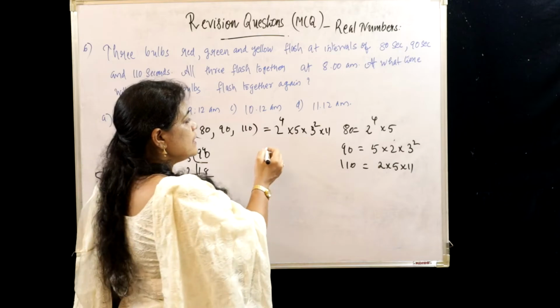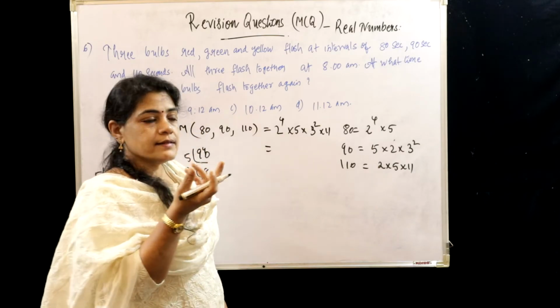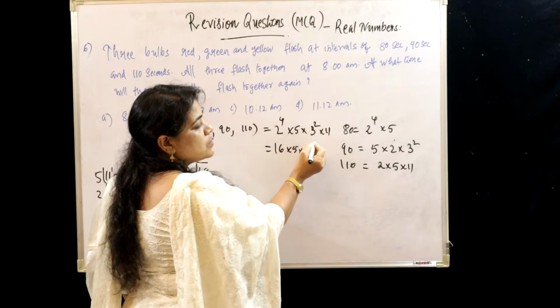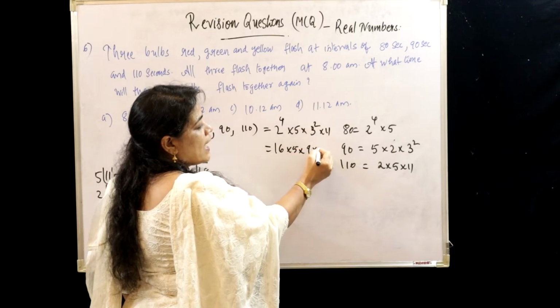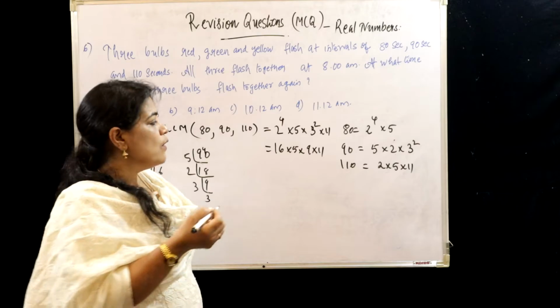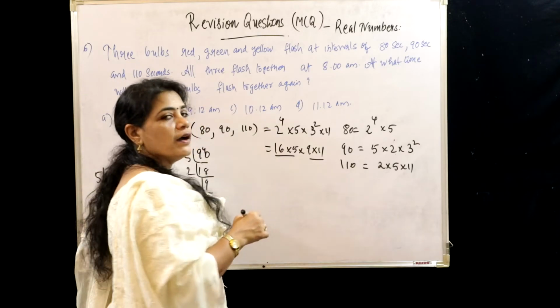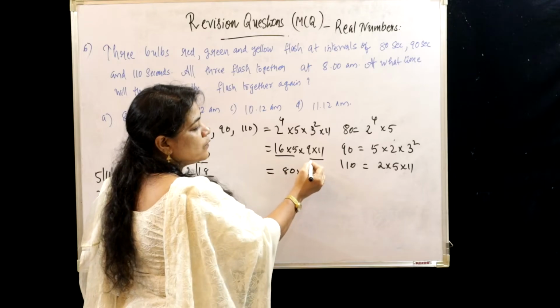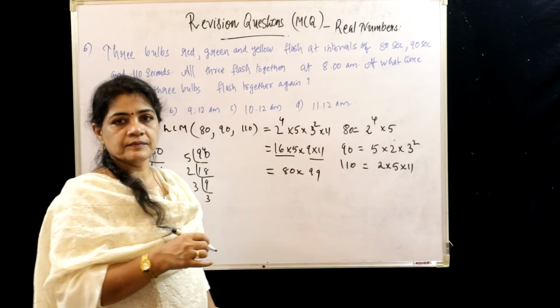Hence you will get the LCM. 2 raised to 4 is 16, 16 into 5, and 3 square is 9, and 11. So 16 into 5 is 80, and 9 into 11 gives 99.